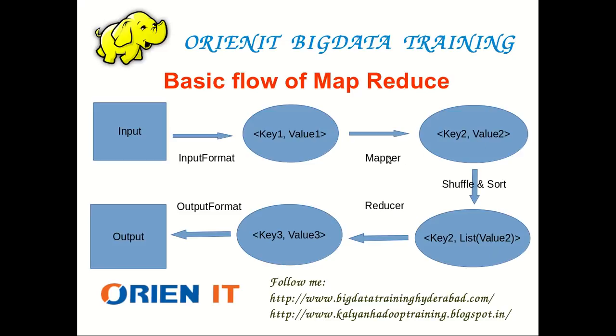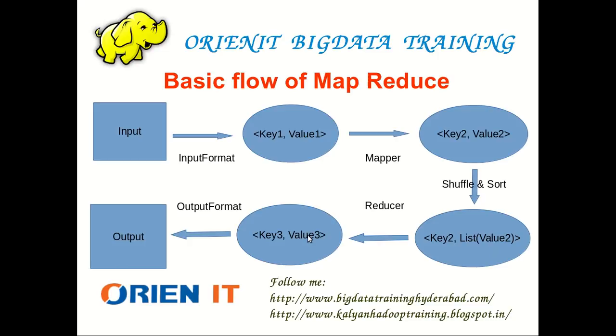Who will take care of this is a concept called mapper. And again this K2 V2 is converted into a K2 list of V2. Who will take care of this is a concept called shuffle and sort. And this K2 list of V2 is converted into K3 V3 by a concept called reducer.